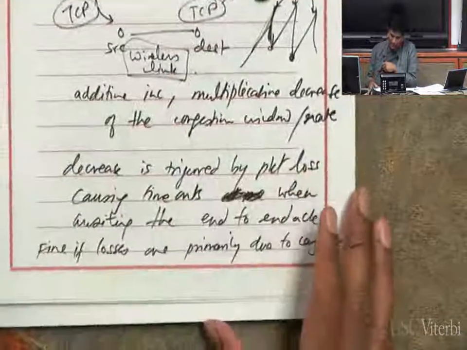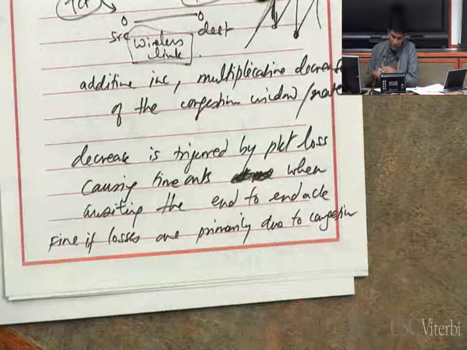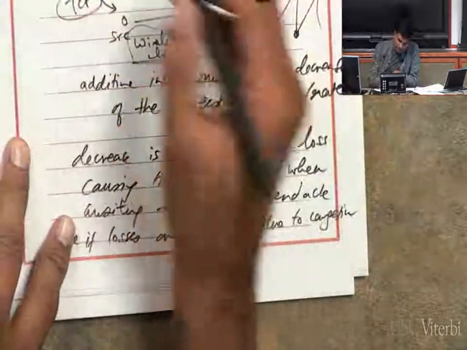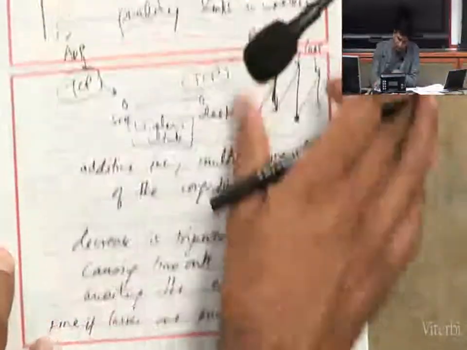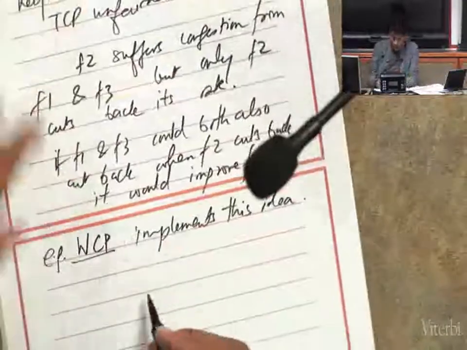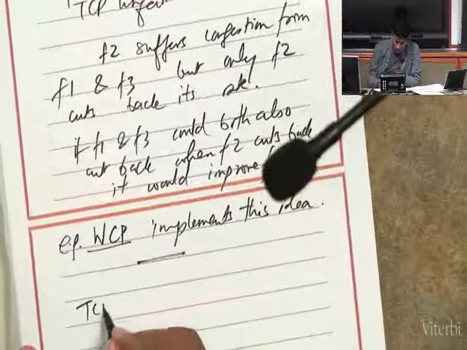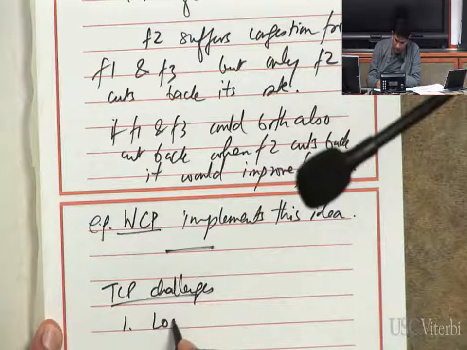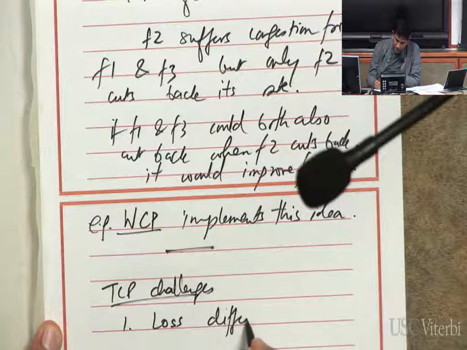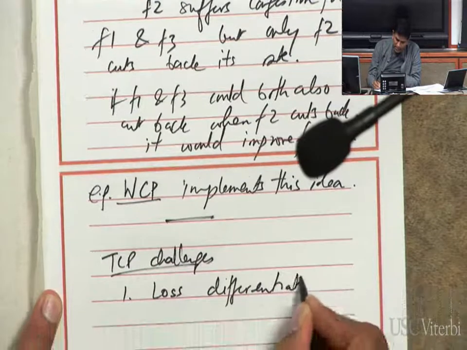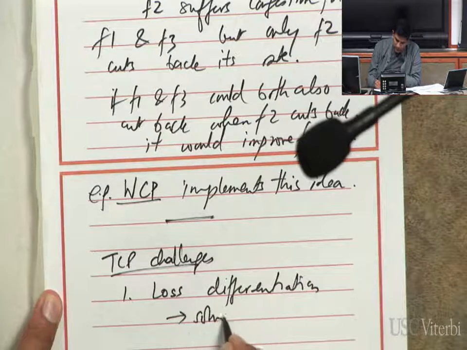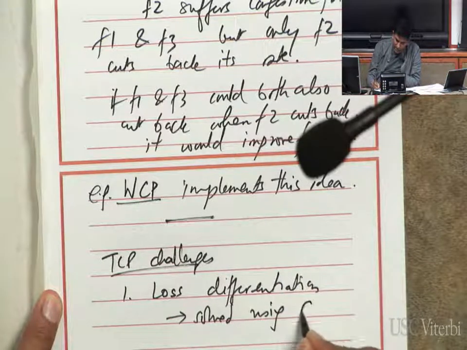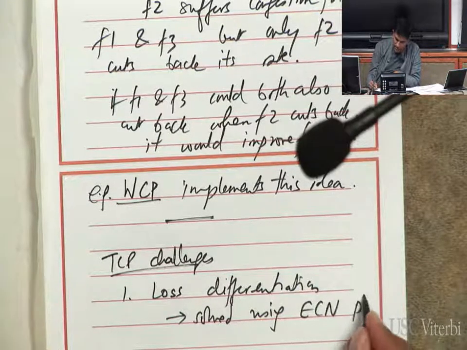The first is the problem of what's called loss differentiation. So the first problem is the problem of loss differentiation, and that's solved using explicit congestion notification packets.